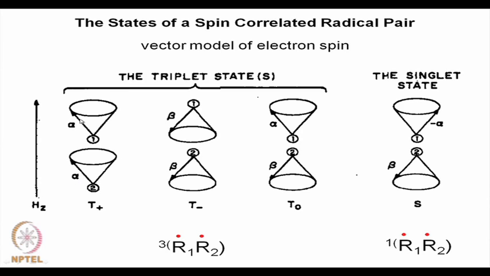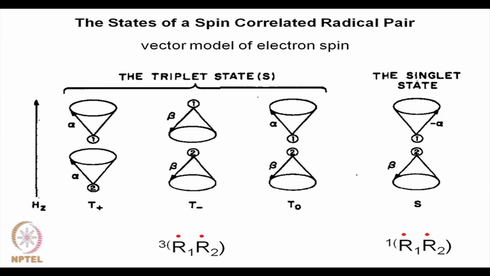Combined for the triplet, one description is alpha alpha, and in another case it is beta beta. See, both are down, so the z projection is minus half. Here it is a linear combination of alpha and beta, alpha 1 beta 2, of course with a proper normalization constant.